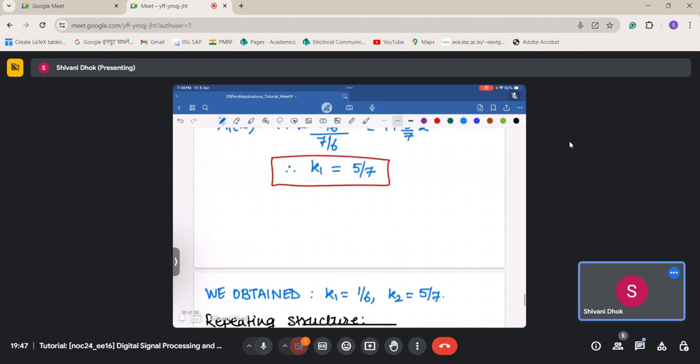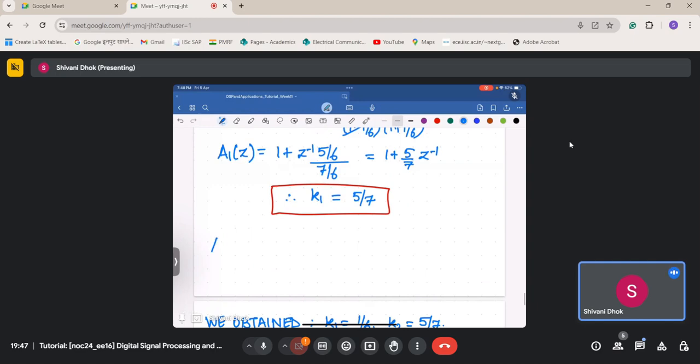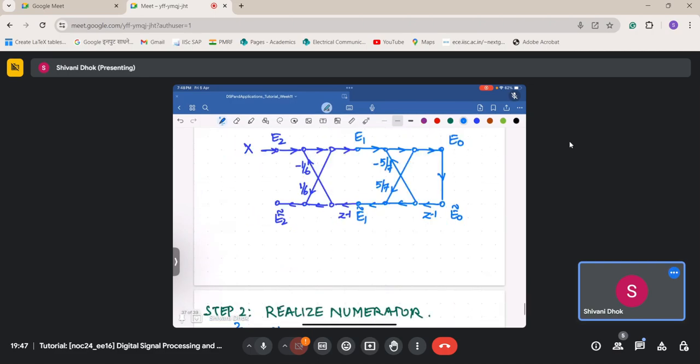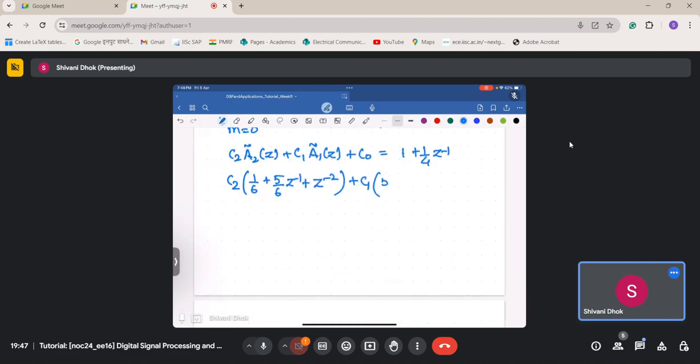We had found out a1z; a1 tilde z will be, just reverse the coefficients, 5 by 7 plus z inverse. So this is my a1 tilde z: 5 by 7 plus z inverse, plus c0, equal to 1 plus 1 by 4 z inverse.